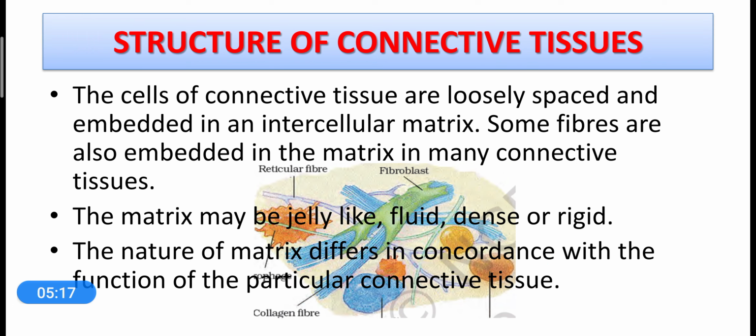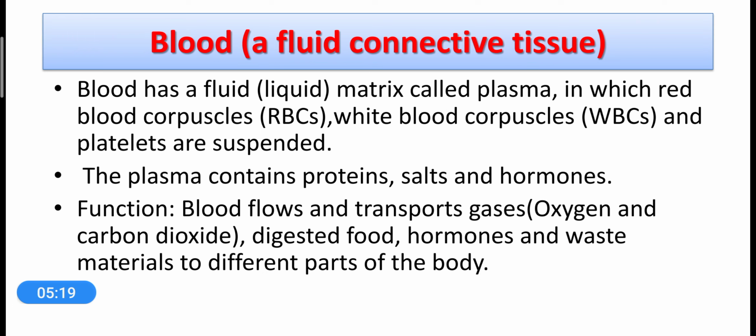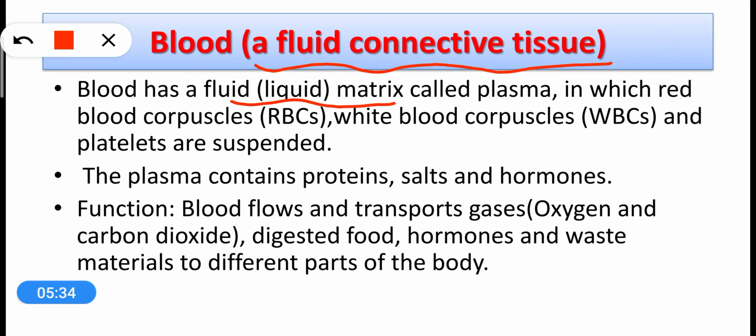Okay, so if we talk about the first example of the connective tissue, then it is blood. Blood is also called a fluid connective tissue. Let's learn something about blood. Dear students, blood has a fluid or liquid matrix called plasma, in which different types of cells like red blood cells, also called red blood corpuscles, white blood cells, and platelets are suspended.